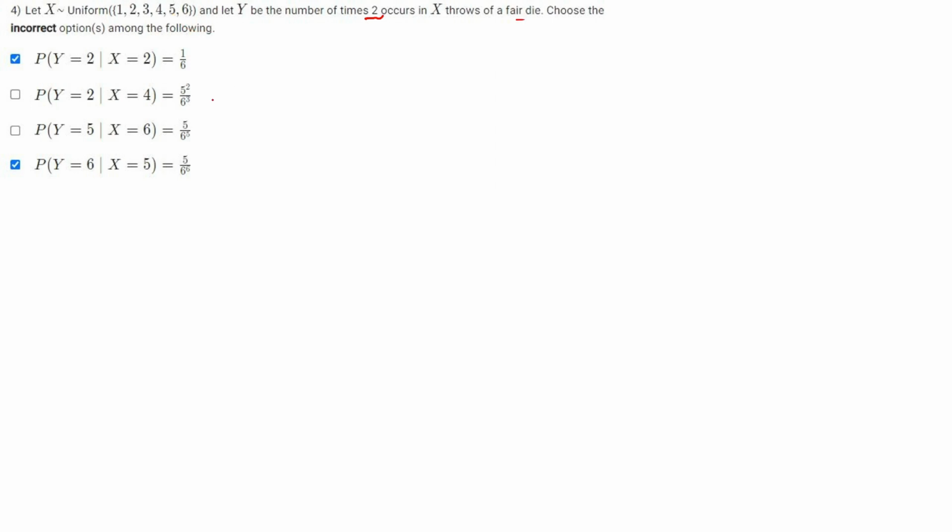Firstly we'll go option by option, that is p of y is equal to 2 given x equal to 2. Here x equal to 2, so we have chosen this number, so we have to throw a die 2 times. That is a binomial, where the number of throws is 2 and the probability is 1 by 6.